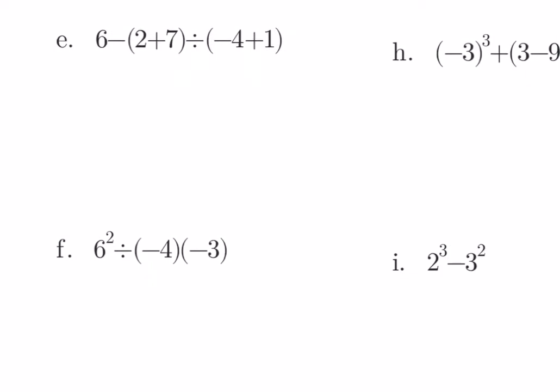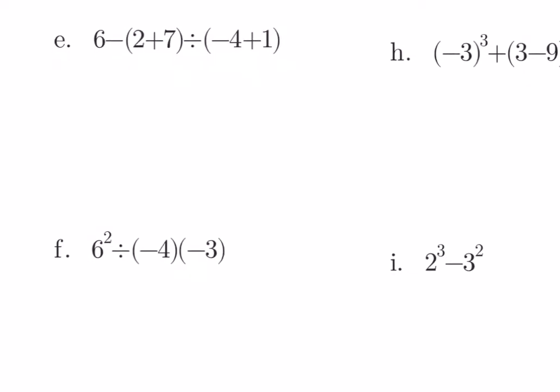All right, let's keep it going. Example E. We start with our parentheses. So we get 6 minus 2 plus 7 is 9. I can get rid of my parentheses there.